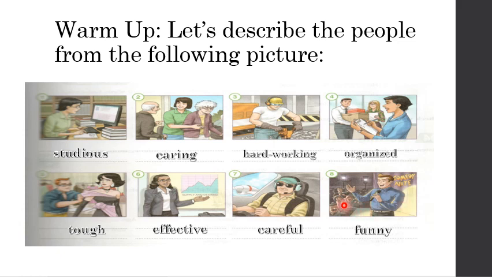Okay. As you see, his audience are laughing at him. So maybe he is funny, or he is really funny. All right. So that's how we describe the people when we take a look at a certain picture.